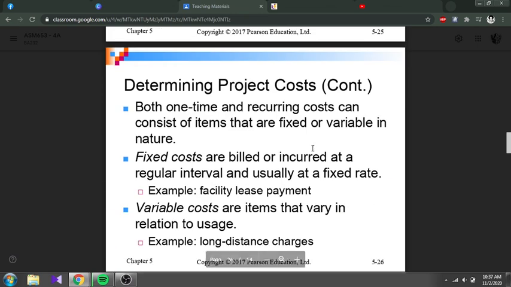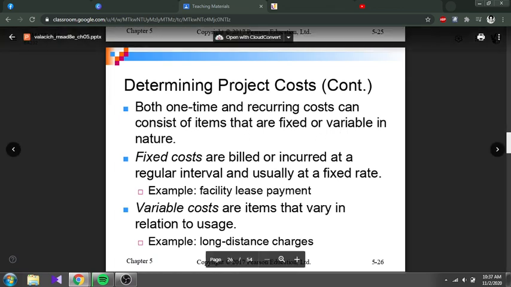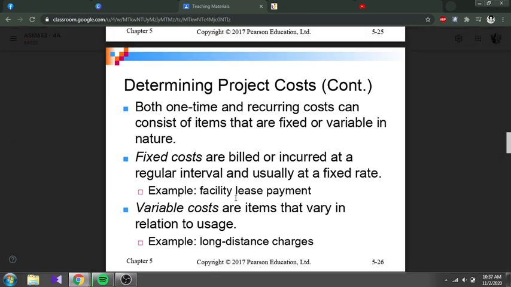Okay, so we have to determine project cost. Both one-time and recurring costs can consist of items that are fixed or variable in nature. Fixed costs are billed or incurred at a regular interval and usually at a fixed rate, for example your monthly rental for the facility that you use.